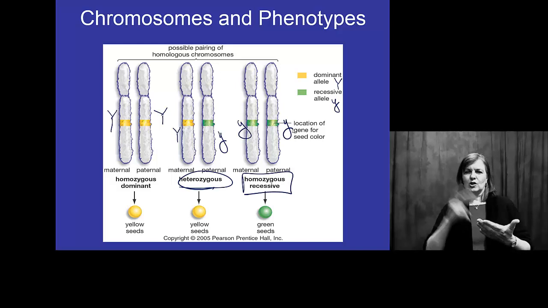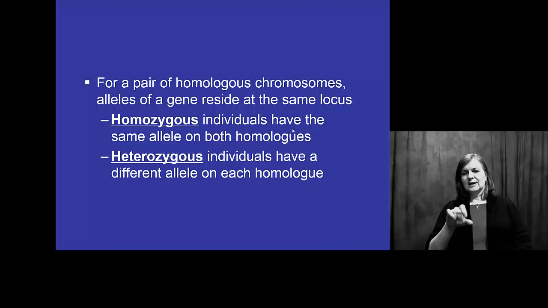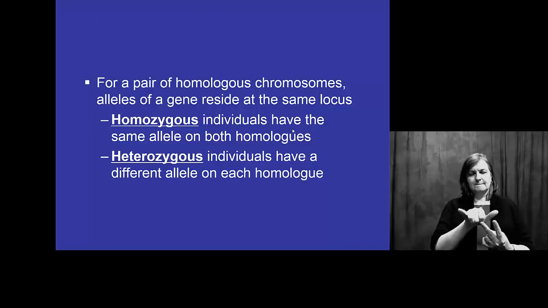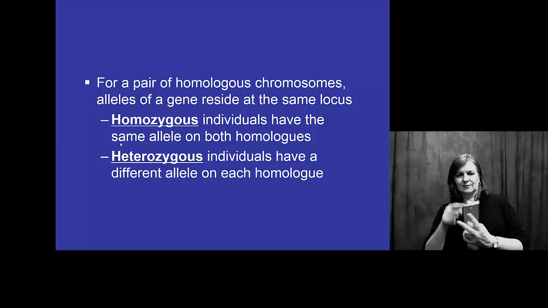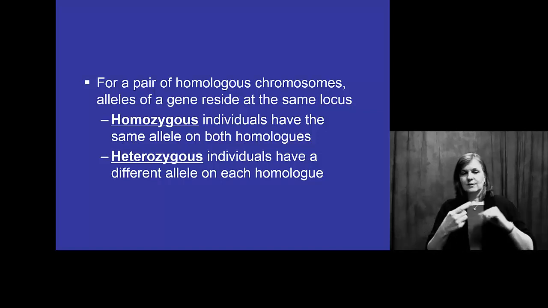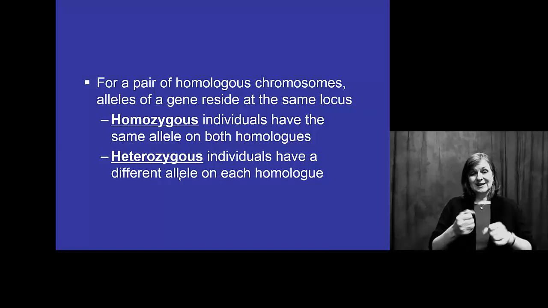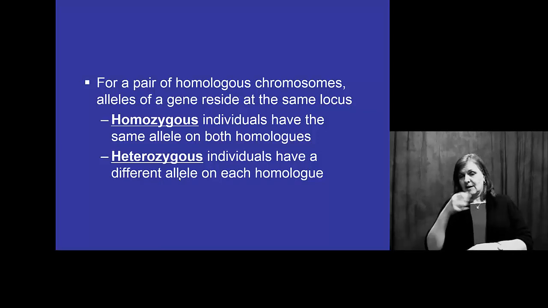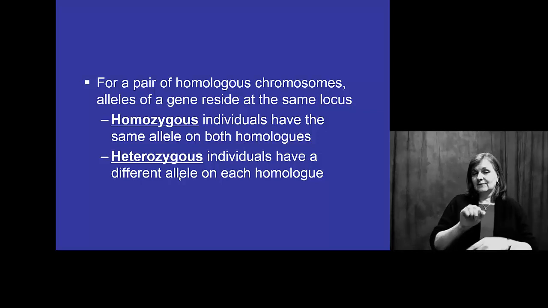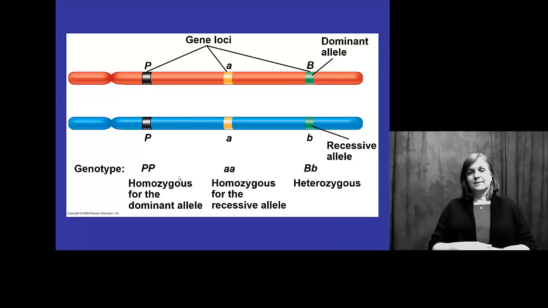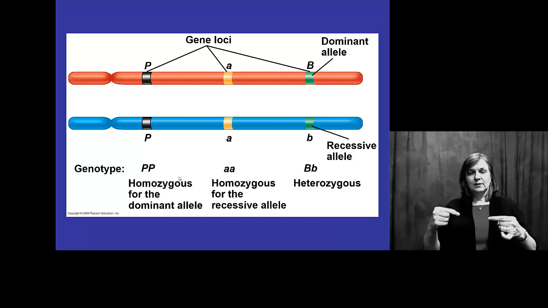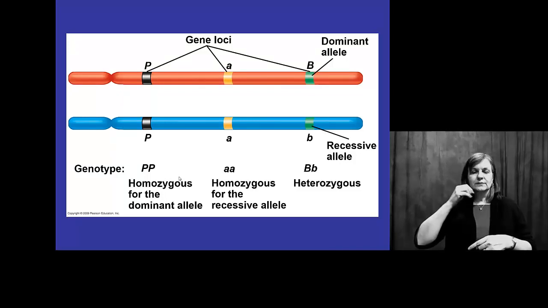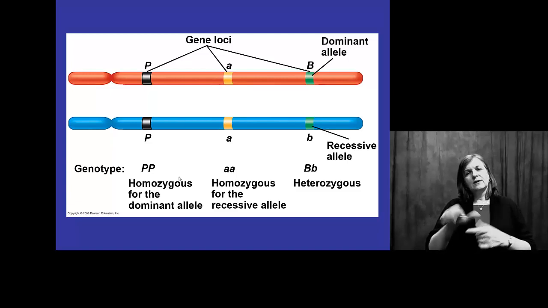So what we have to figure out is what that actually means. I give you some definitions here in case you want to go back and look at them. But homozygous means you're inheriting the same allele. Heterozygous says you're inheriting a different allele. Now, you're inheriting one from mom and one from dad. You could get the same alleles from mom and dad, or you could get different alleles from mom and dad. We're going to look at this a lot more when we talk genetics and think about mouse fur colors and other characteristics to help us understand more.